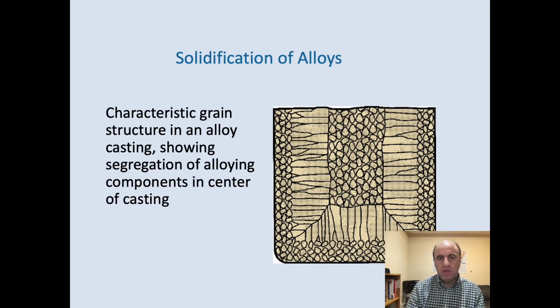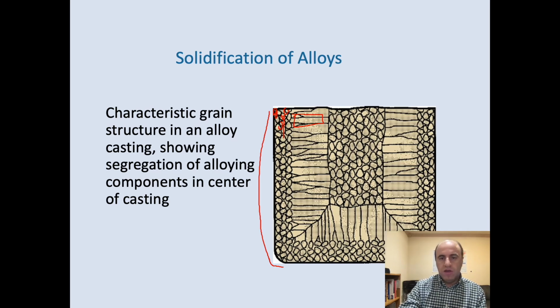One big issue in alloys that we face is the segregation of alloying elements. First, we have that chilling effect near the wall. As you see, in this area we have a small grain size because they cool fast, so they don't have time to become larger. And then after that skin, we start to get larger grains, or columnar grains, because that cooling process is going to be longer.